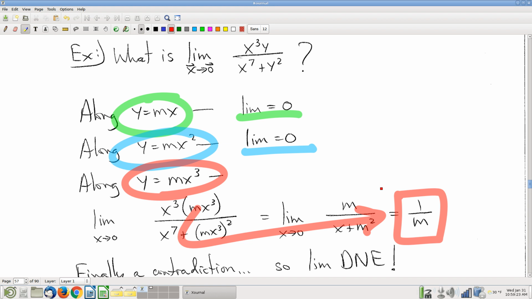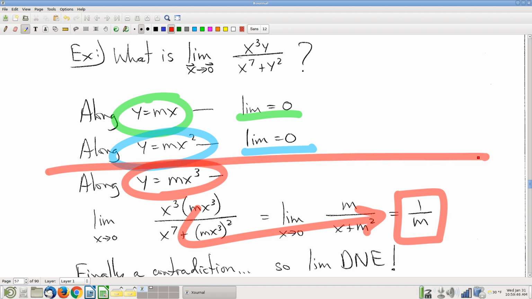But in this case, we do get different values along the cubics. For crying out loud, it's so weird. It's very counterintuitive that this would happen. This is the kind of creepy that can happen in a multivariable context. So that's why we don't spike the football right there.